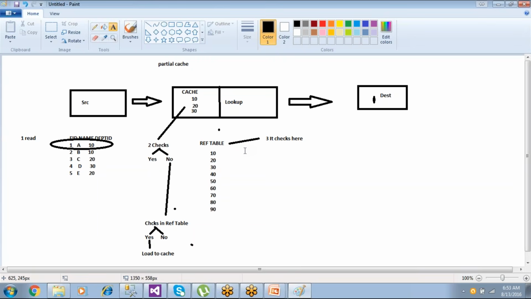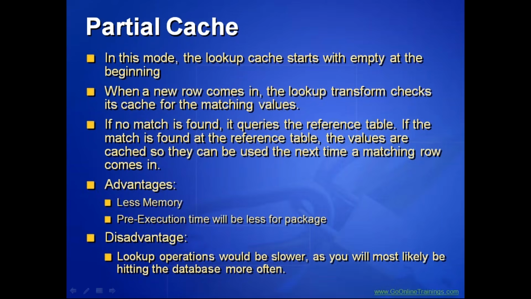So this is the second option we're talking about. Are you clear what a partial cache is? Partial cache means I don't want to take all the data from the reference table. Now we have taken only 30% of the data here, so definitely it is going to be much faster than the full cache. Full cache means I want to use the complete reference table.